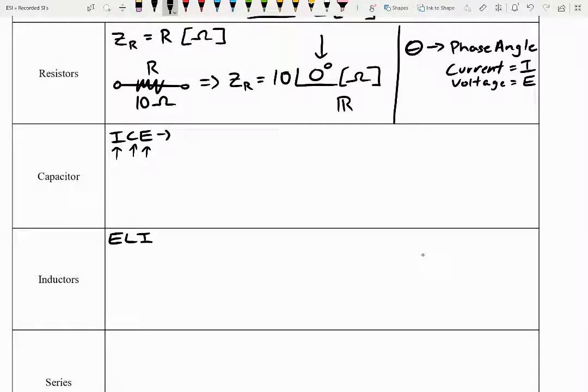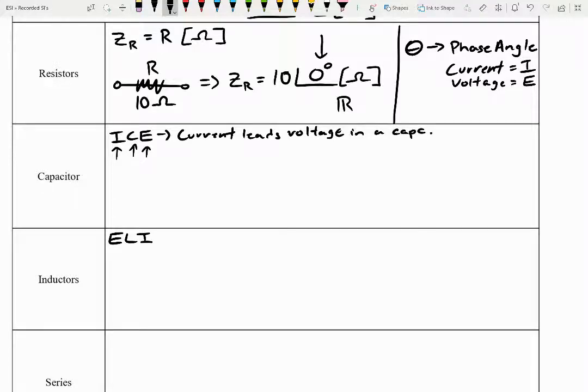So what this phrase means is current leads voltage in a capacitor. And I'm just going to shorthand it like that. Okay? So what does that mean for us? What does that actually look like?